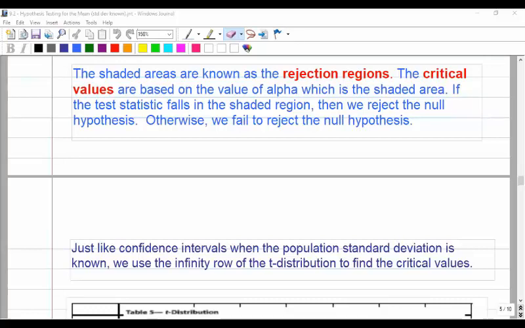And let's say the test statistic was Z equals negative 2.5. So on a number line, negative 2.5 would be somewhere, it doesn't matter exactly, to the left of negative 1.96. And therefore it falls in that shaded region. So in this case, we would reject.